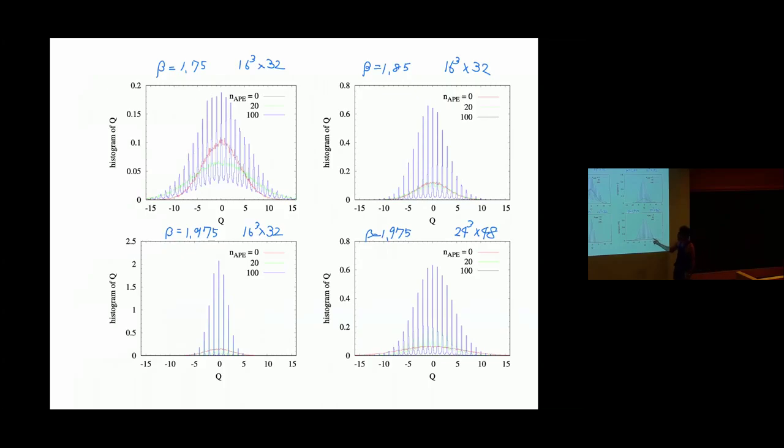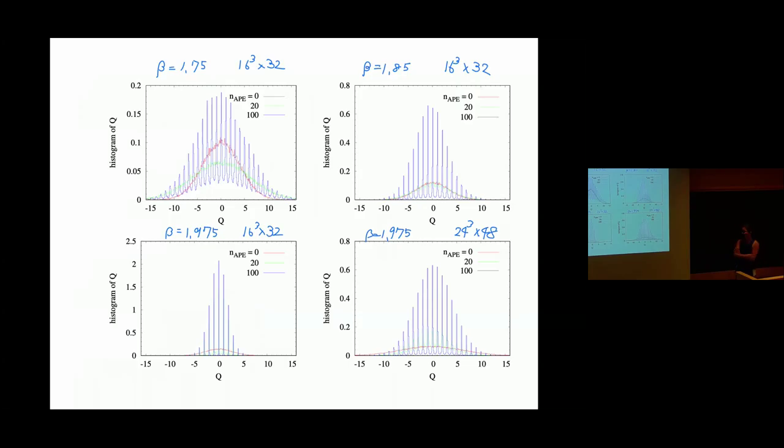In the original, if you just generate configurations and measure the topological charge, this is what you get, here for several different values of parameters. It's not at all integer, which is not too surprising. But if you apply some smearing procedure, whatever it is, and repeat it about 20 times, or 100 times or so, there is a sharp peak everywhere at the integer values.